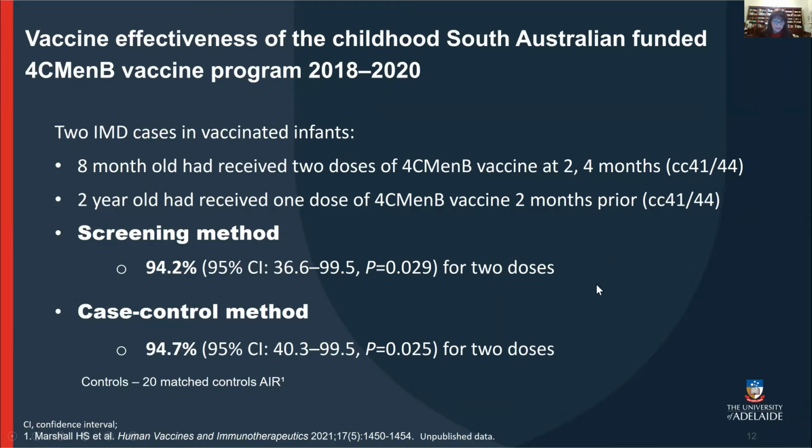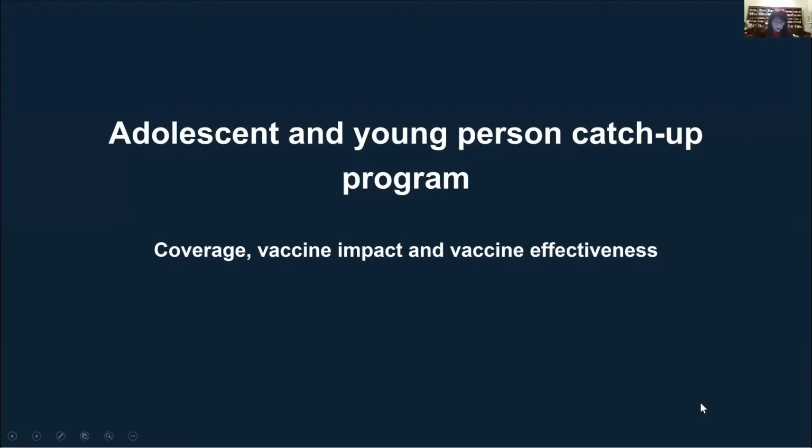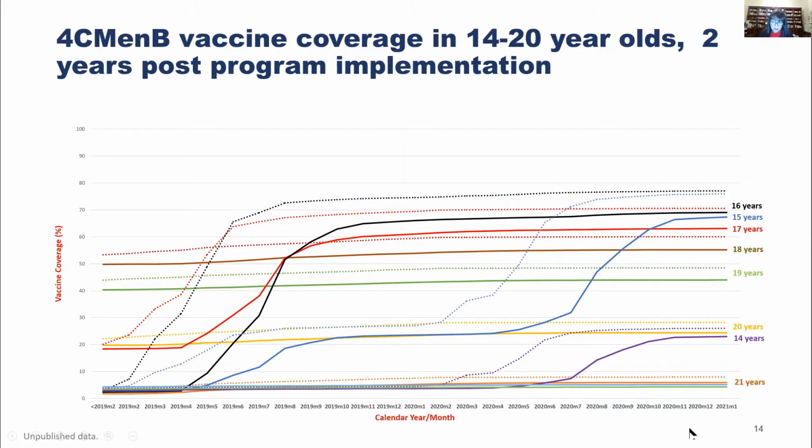So in those two cases, they haven't really had an optimal number of doses. So adolescence, again, coverage and impact and effectiveness. And you'll see here, as predicted, that coverage is not as high in the adolescent age group, but it's quite good.